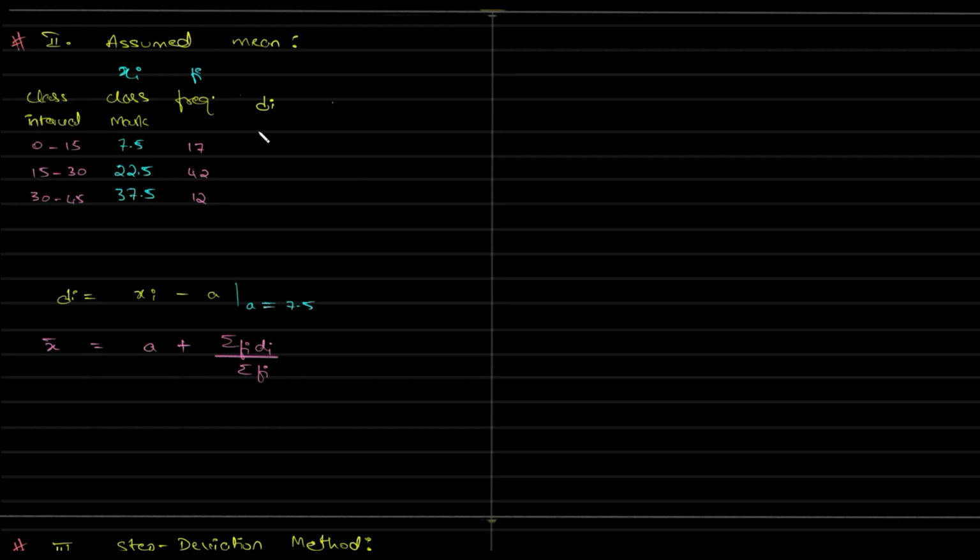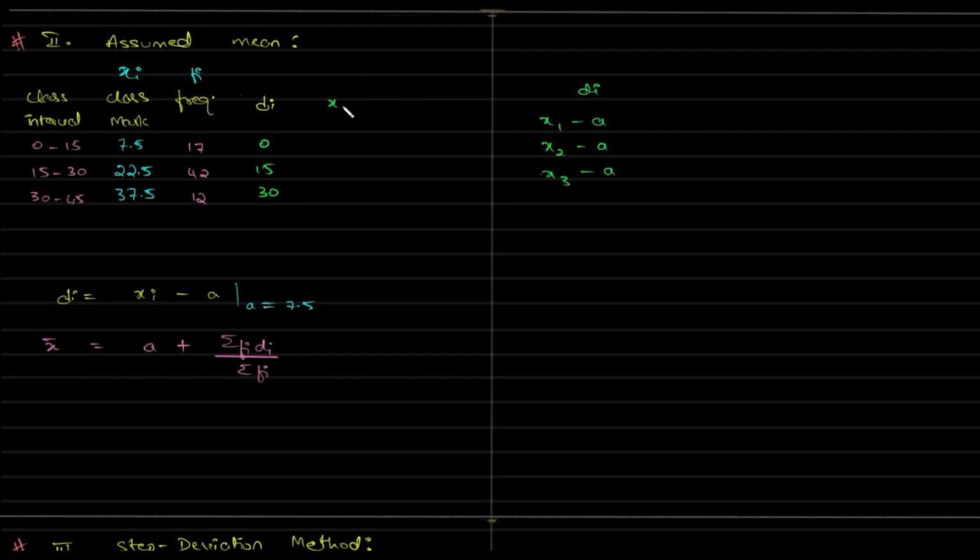So basically, in each row I'm going to subtract: x1 minus a, x2 minus a, x3 minus a. That is, I take the xi value, the class mark value, and subtract a particular number from it. So the difference is 0. Here the difference is 15. Here the difference is 30.